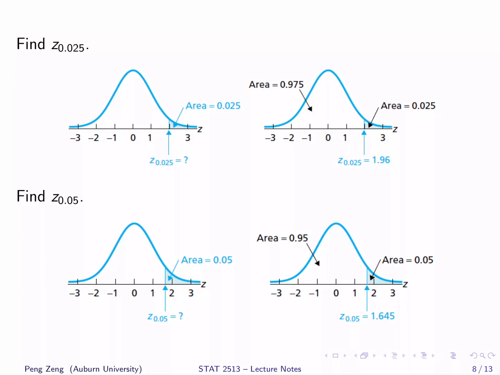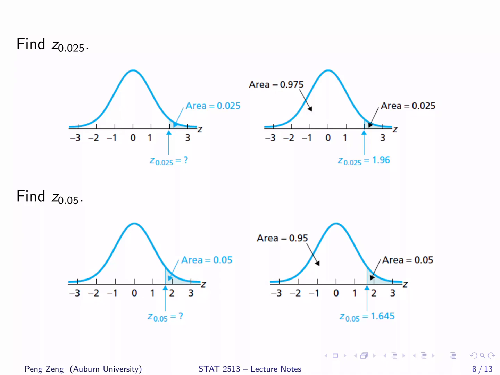Notice that the value slightly smaller than 0.95 in the table is 0.9495, and the number slightly larger than 0.95 is 0.9505. The value 0.95 is exactly the average of these two values.